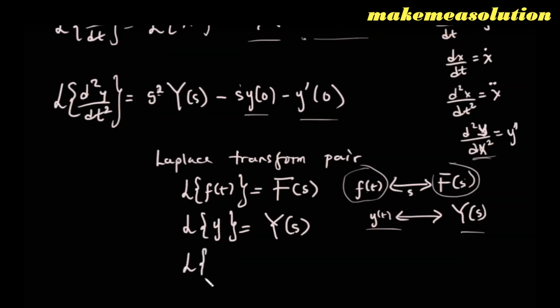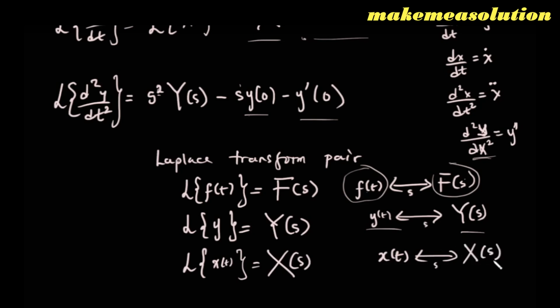The Laplace transform of x of t gives you capital letter X of s, so x of t forms a Laplace transform pair with capital X of s. The implication is that taking the Laplace transform of x of t gives you capital X of s, and when you take the inverse Laplace transform of capital X of s, you get your x of t.